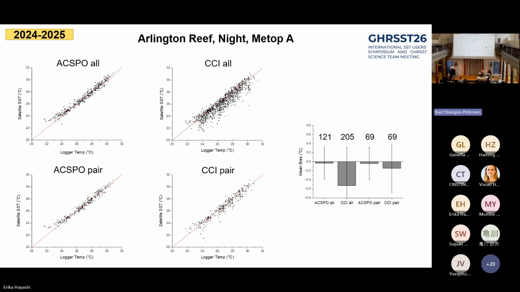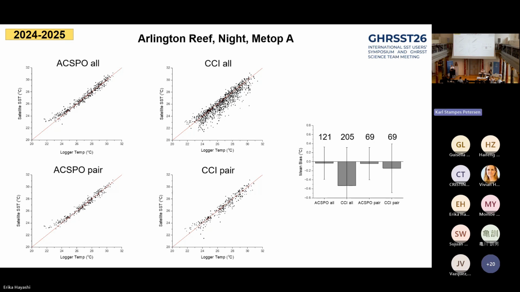So to make this a fairer comparison, I chose to match up or pair up the pixels. If I didn't have a data point from each of AXPO and CCI, same spot on the same day, then I didn't use it.